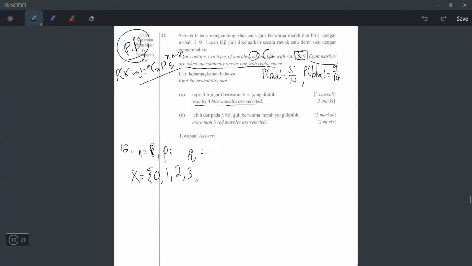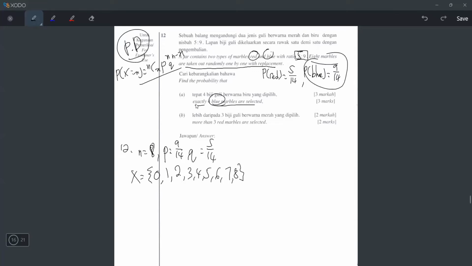Or 2 success, 3, 4, 5, 6, 7. Or 8 you get blue. The probability is very low, a very small chance, but it's still one of the possibilities. So your p will be the probability of blue, 9/14, and q will be the probability of red, 5/14, because blue is considered the probability of success.